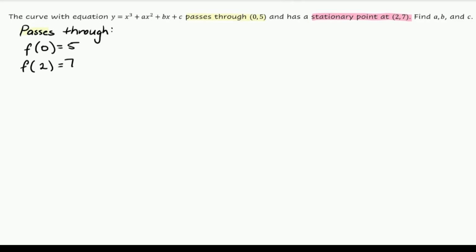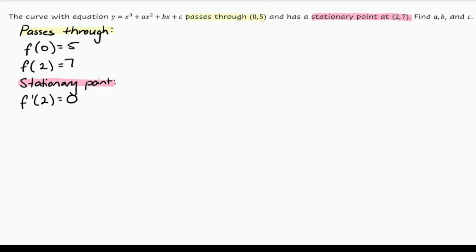So these are the points that it's passing through. I've also been given its stationary point as well. So I have a stationary point at f dash of 2 equal to 0, because remember, for our stationary points, my derivative has to be equal to 0.